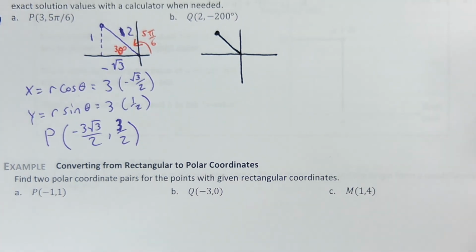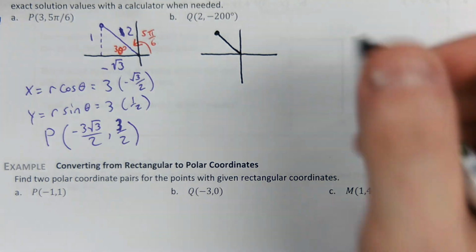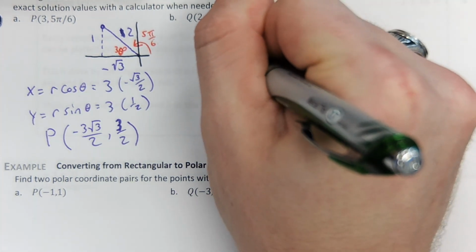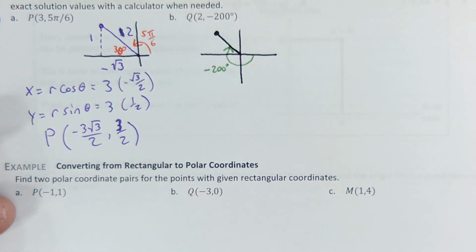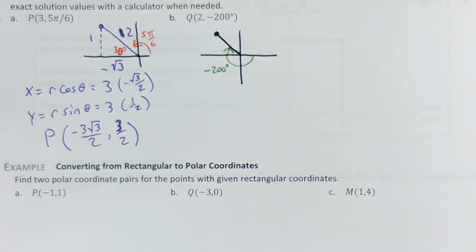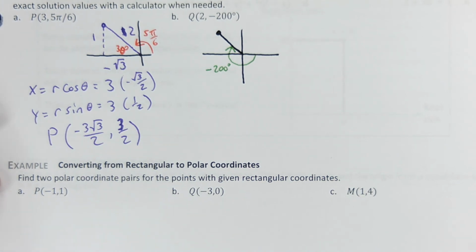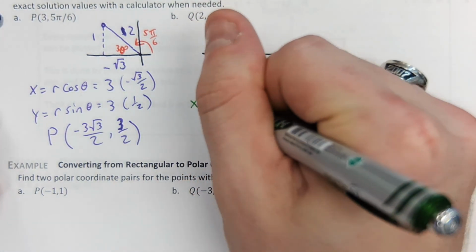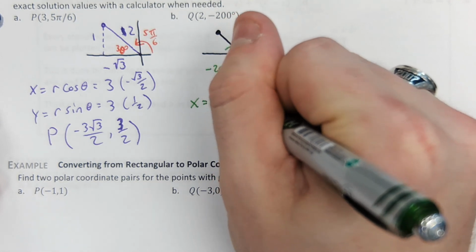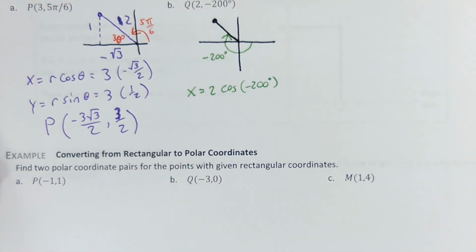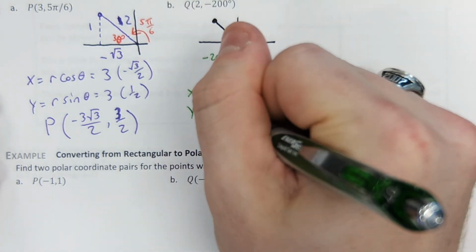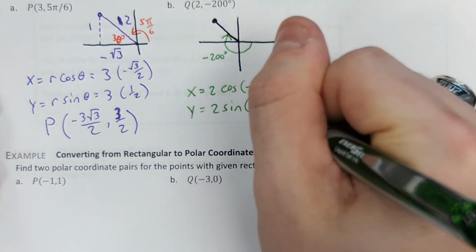Because it's like a 20-degree reference angle, right? This is negative 200 degrees. There's not even a reason to make a triangle, because it's not special. We're going to have to use our calculator. X equals r cosine theta. You just type it. Y equals r sine theta.